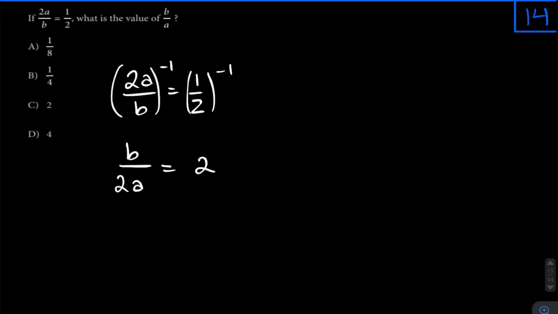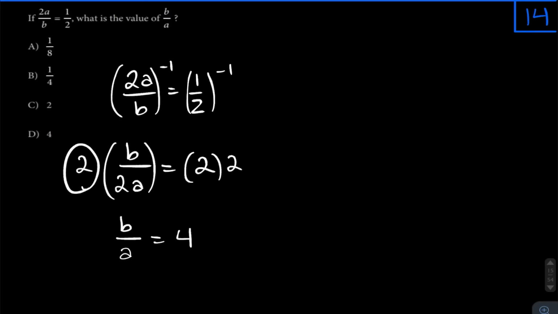How do you get rid of that 2? Well, you could multiply by 2 on both sides, right? And you get b over a is equal to 4. I think a lot of people can get tripped up knowing that they have to multiply by 2 here. It's kind of the same thing. Like, what if you had 2b over a equals 2, right?